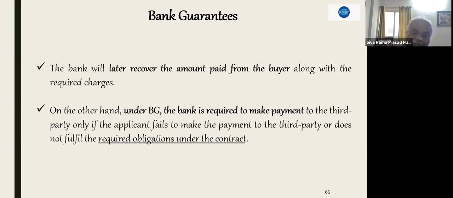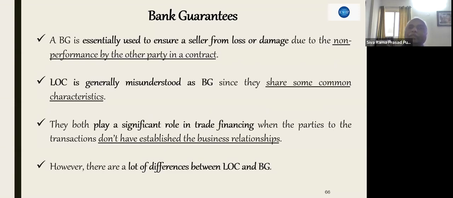So that is the bank guarantee. A bank guarantee is essentially used to protect the seller from loss or damage due to non-performance by the other party in the contract.